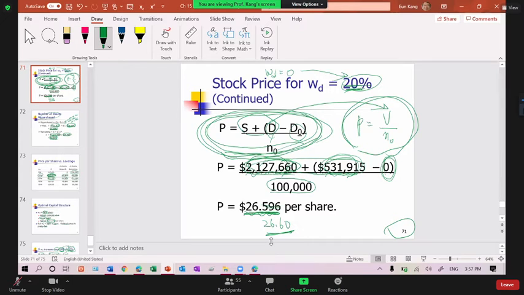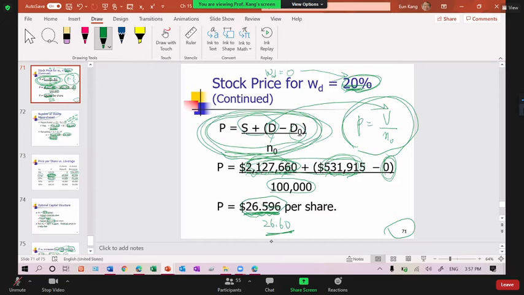And you said the stock price S will not change? Yeah, when you repurchase, when you buy back your shares, the price stays the same. Because when they announce that they are going to increase their debt ratio from 0 to 20%, then price will be this one.